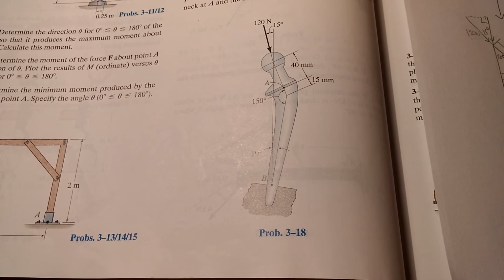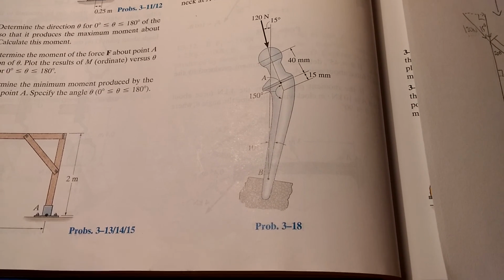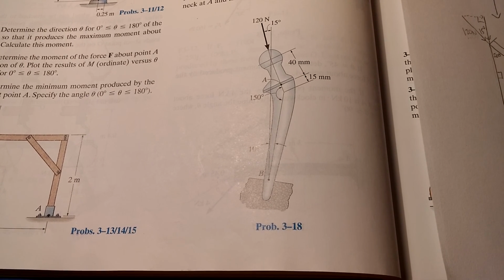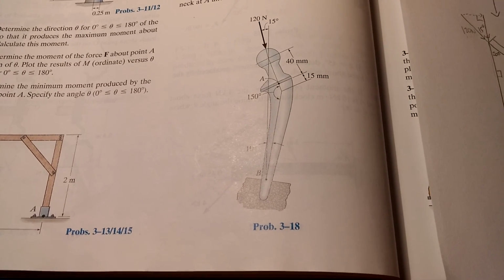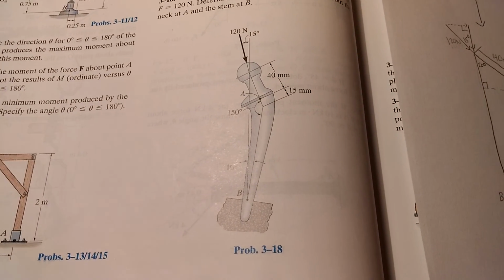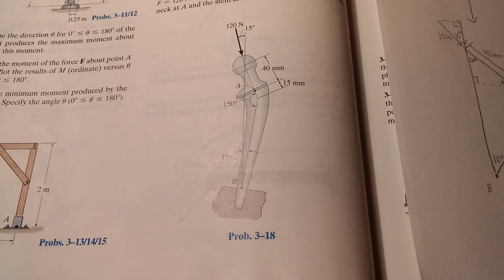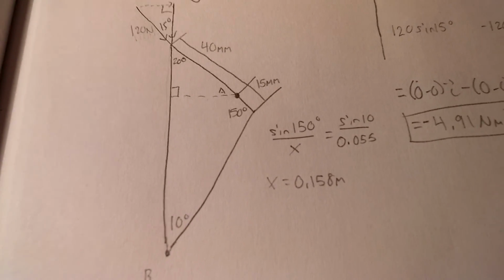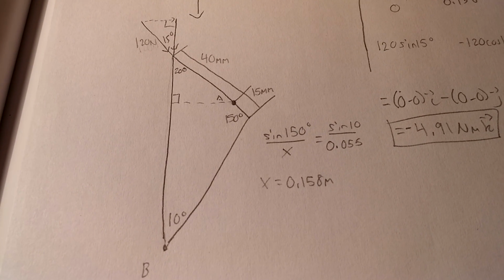I drew a flat line from A directly across to the left to the line segment starting from point B going up, to make a right triangle, because they give you separate measurements for 40 millimeters and 15 millimeters, almost like they wanted you to use 40 millimeters as a hypotenuse. That was pretty convenient. I drew a separate picture down here, so you can see how I made that line to the left from A to the vertical line.